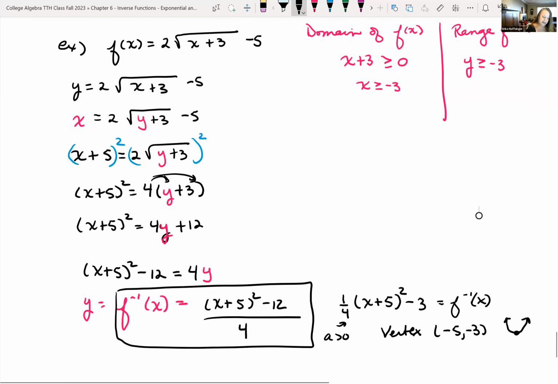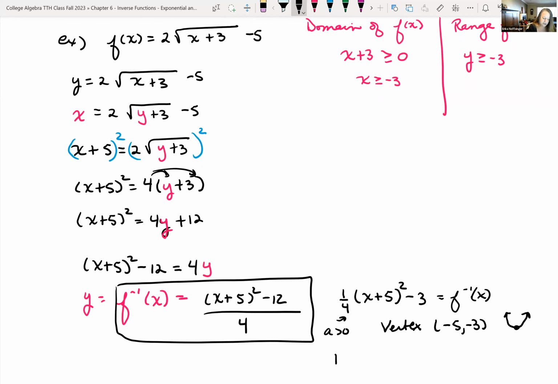So I know that my range of f inverse of x is equal to, oh, I should have it right here, y is greater than or equal to -3. Was there any other stipulation here when I wrote down the problem?